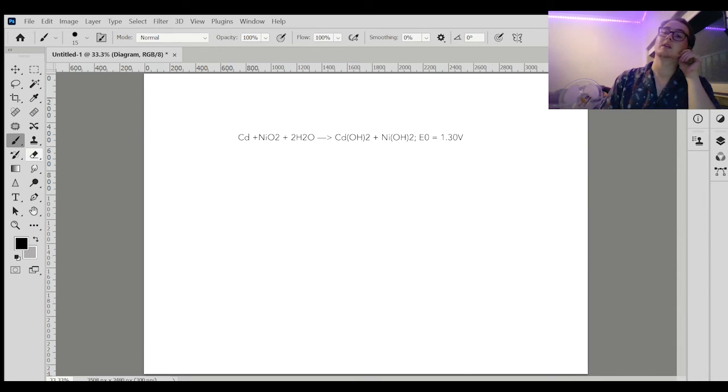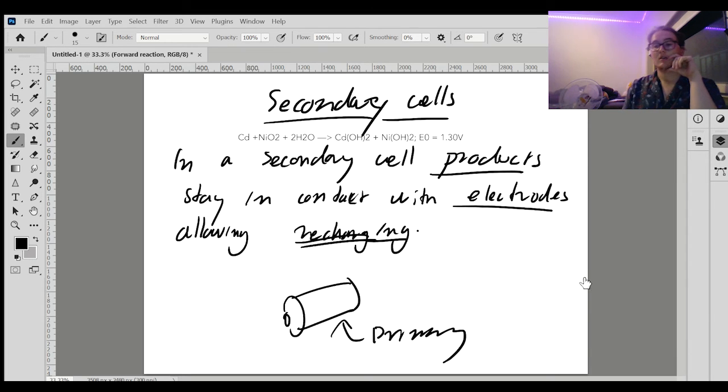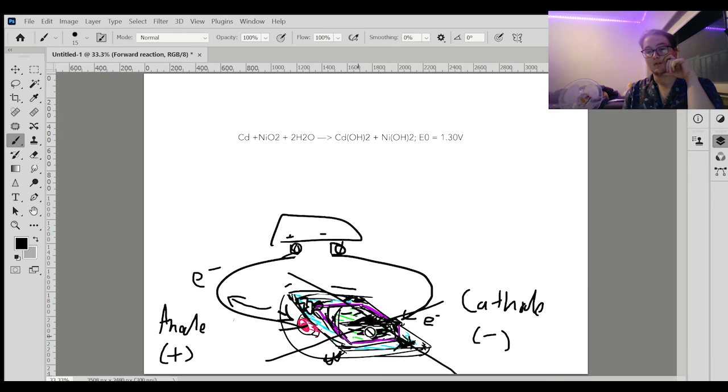Now, another thing to know, when we have this being the forward reaction of a battery, of this cell, the forward reaction, so the opposite of what's drawn here, to find the recharge reaction, it's very simple.